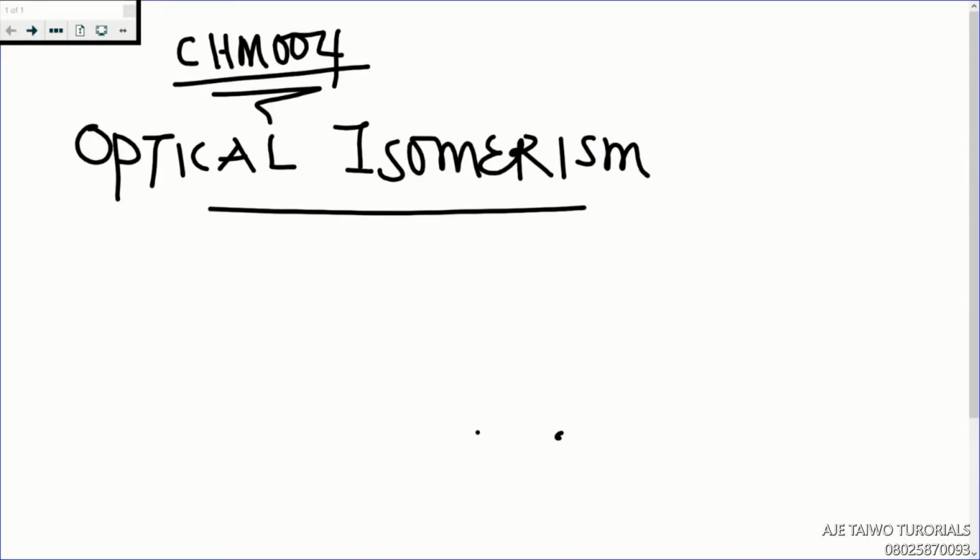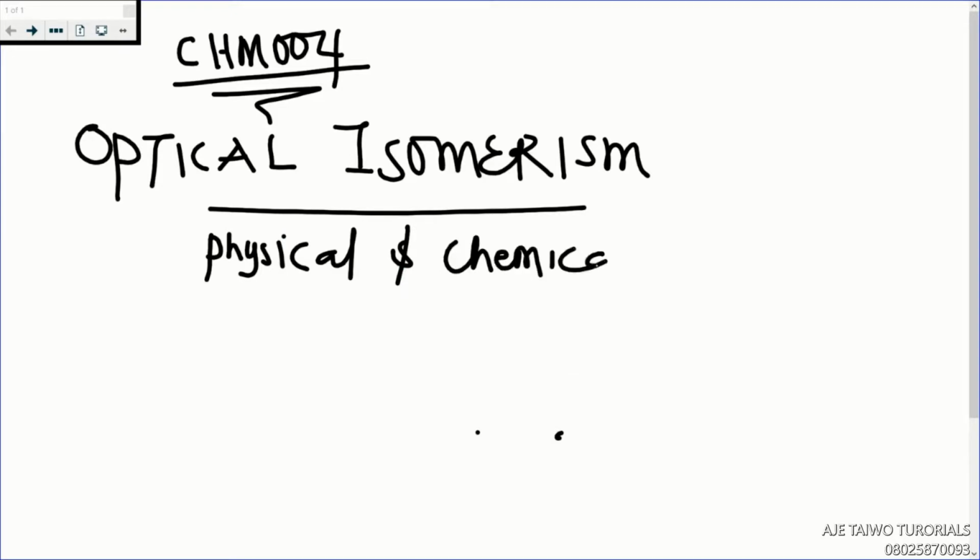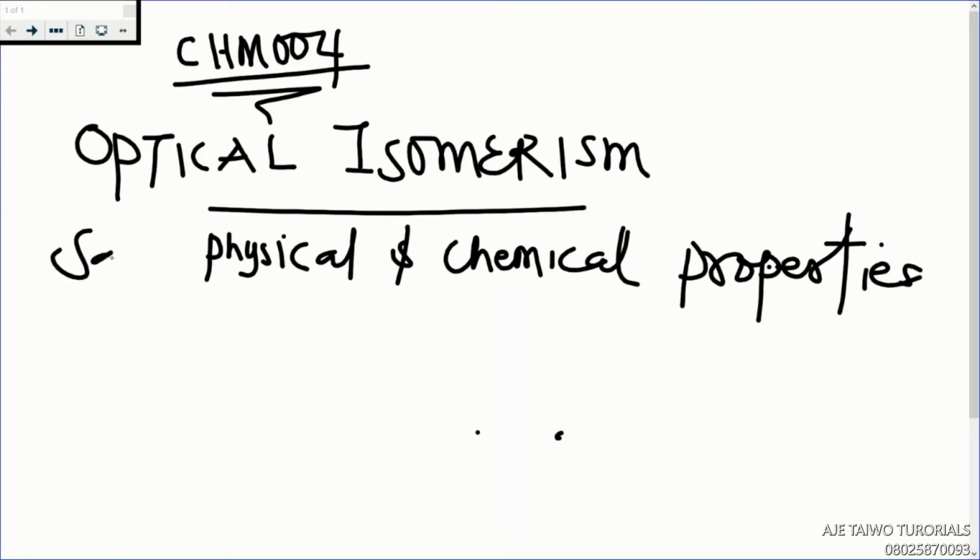Like I told you, we have optical isomers. Optical isomers have the same physical and chemical properties. Okay, we have said that in the previous classes. They have the same physical and chemical properties, but they tend to rotate what?